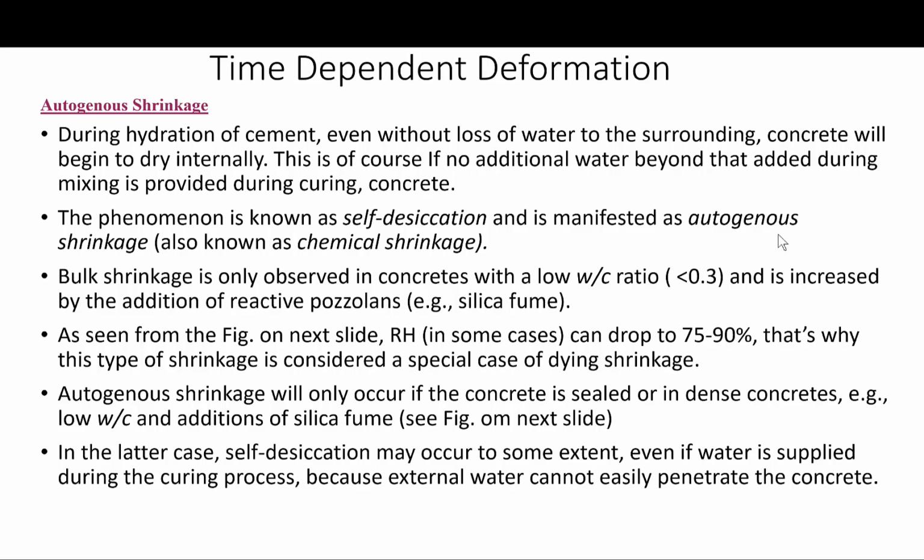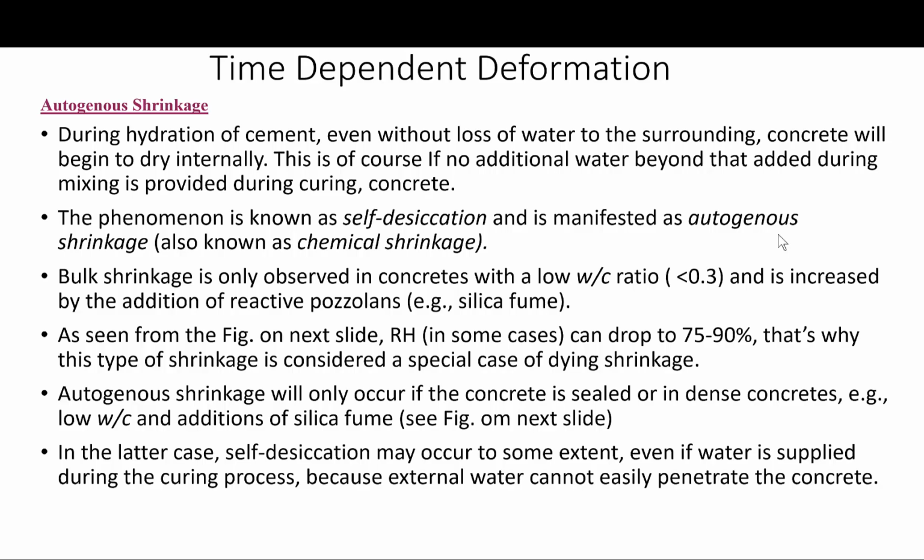Autogenous shrinkage will only occur if the concrete is sealed, or in the case of dense concrete, meaning low water cement ratio and the addition of silica fume, as I will show on the next slide.